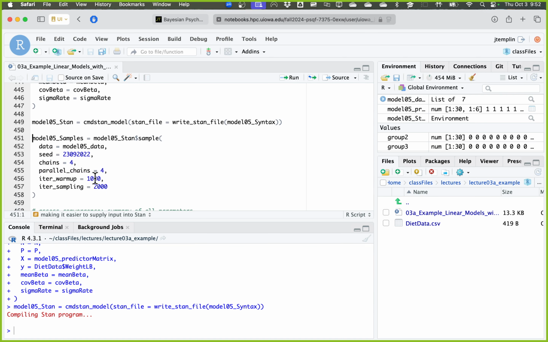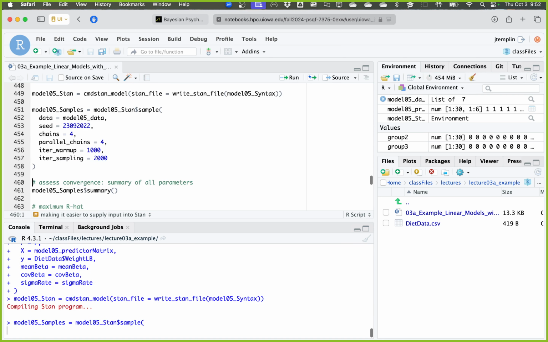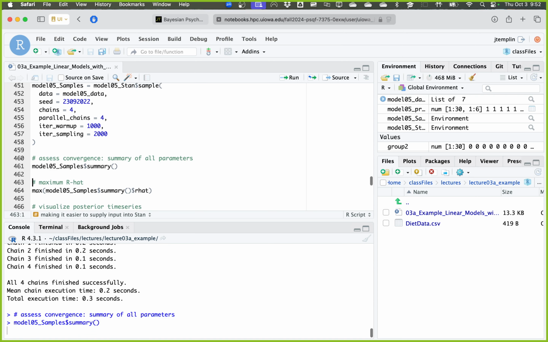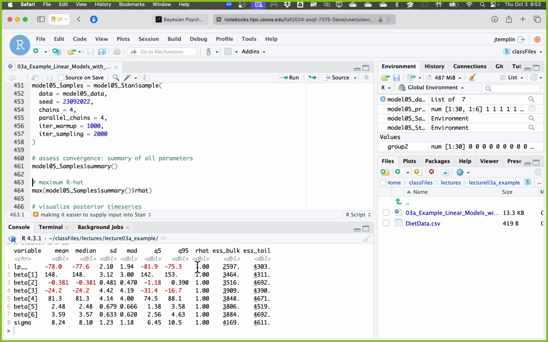Now I'm going to run a warm-up of 1,000 and a sampling of 2,000, and we're going to sample this. It ran in 0.3 seconds. You'll note that's pretty quick, right? It turns out the matrix operations in Stan work a little more efficiently than the scalar ones, but the scalar version still works. Let's check convergence.